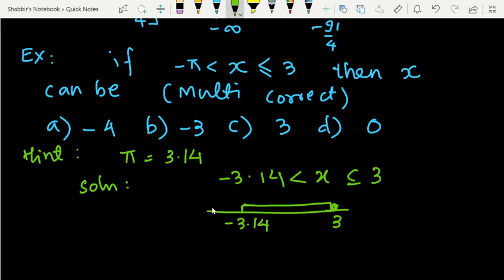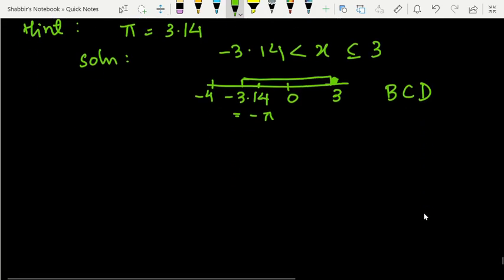So minus 4 is outside, on the left of minus 3.14, which is minus pi. So this won't be a solution. Clearly minus 3 is somewhere here, and 3 is also satisfying. 0 is also here. So answer is BCD. Okay.